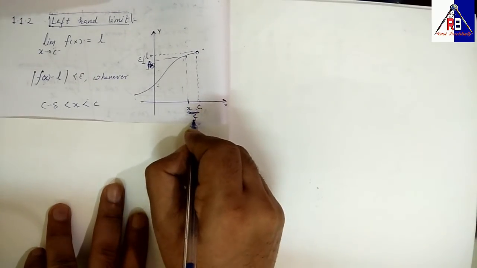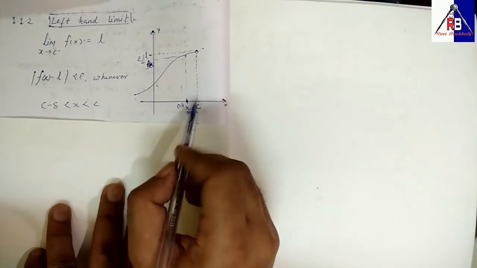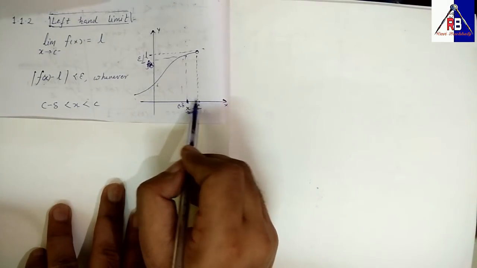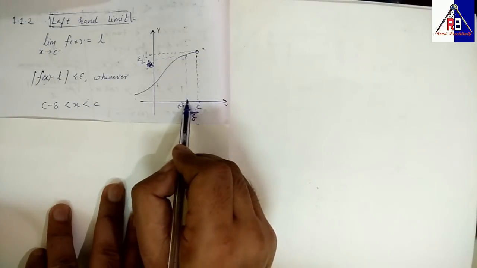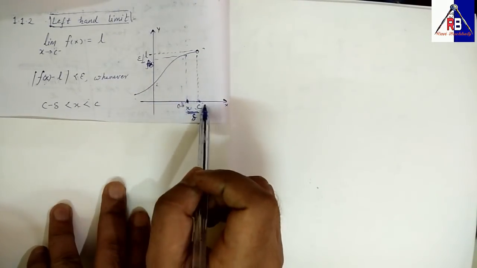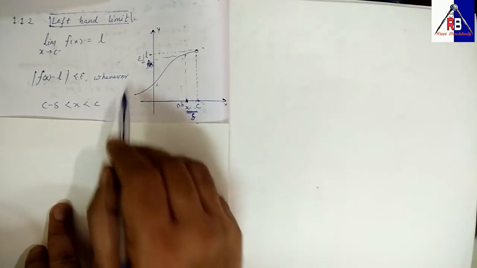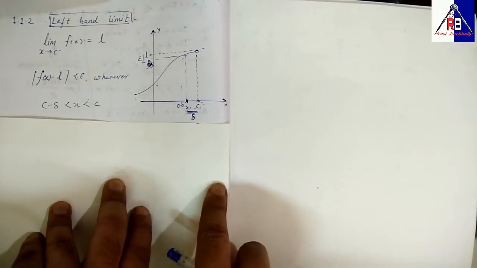Obviously this length is delta, so this point is c minus delta. In left hand limit, x approaches c specifically from left hand side. So this is the definition for LHL.